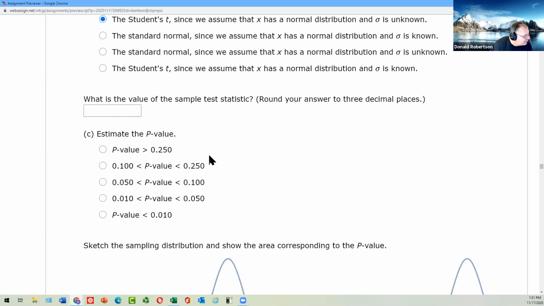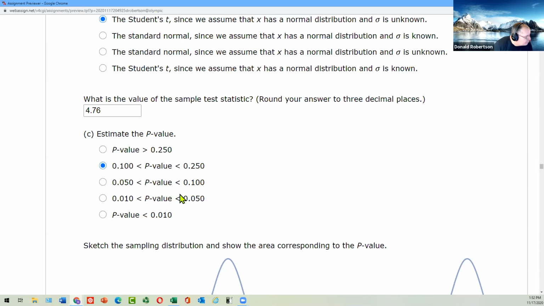That one's standard answer. The t statistic is 4.76. The p-value that we got is 0.0131.